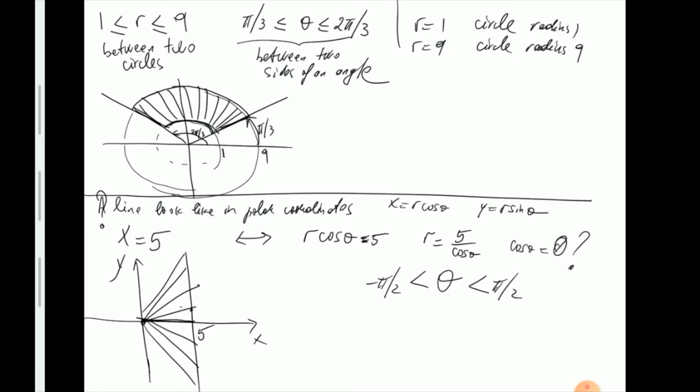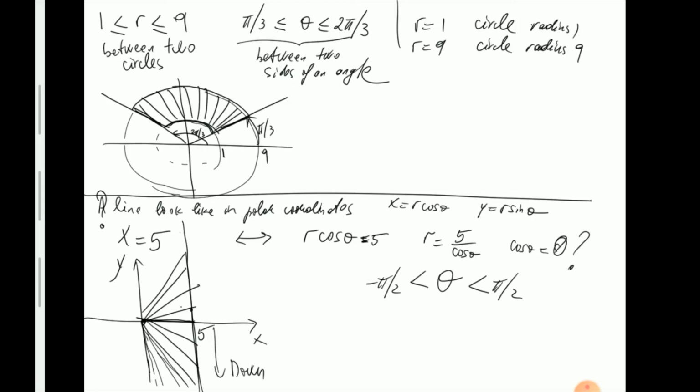Because as theta approaches, for example, minus pi over 2, the line gets nearly vertical. Imagine this line goes further down, infinitely down basically. It's an infinite line up and down.